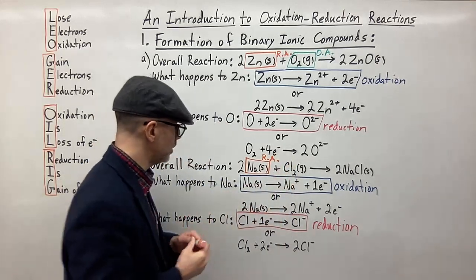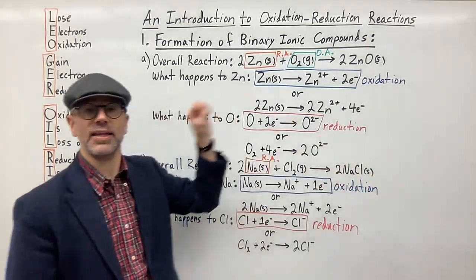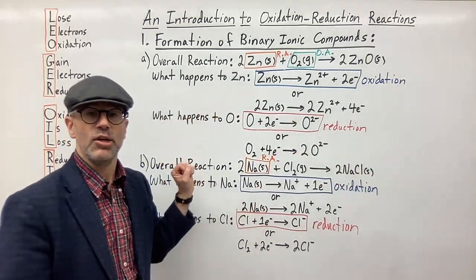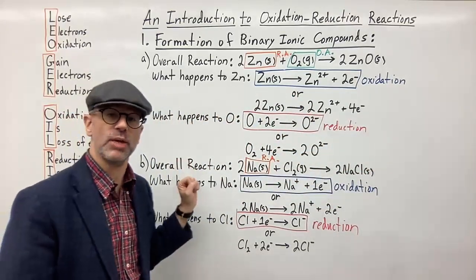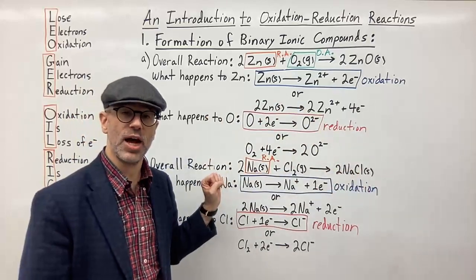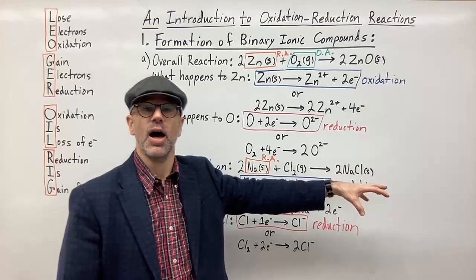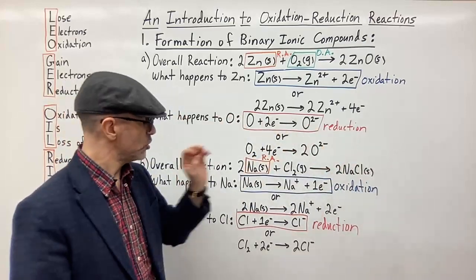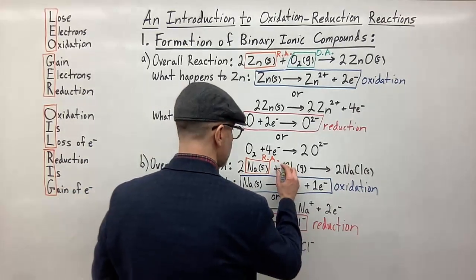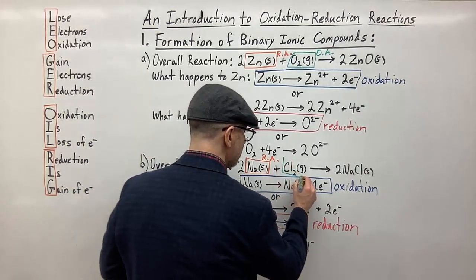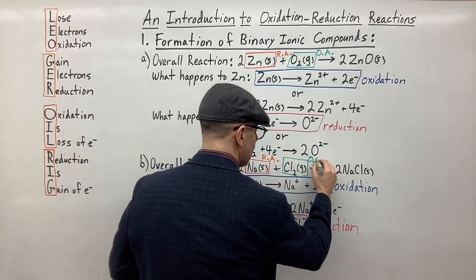And then chlorine, in this case, is taking the electrons away from sodium. By taking those electrons away from sodium, it's causing sodium to lose the electrons. Losing electrons is oxidation, so it's causing sodium to be oxidized. So we call that the oxidizing agent. So in this case, chlorine is the oxidizing agent.